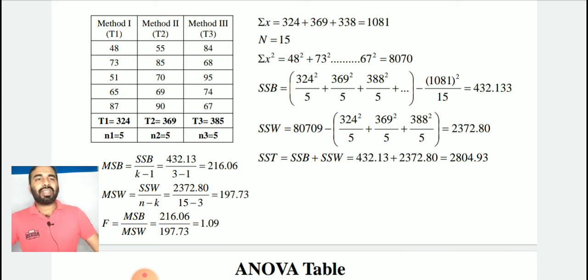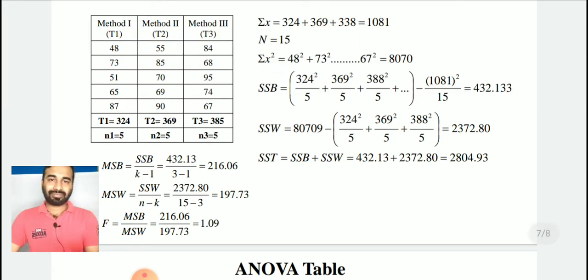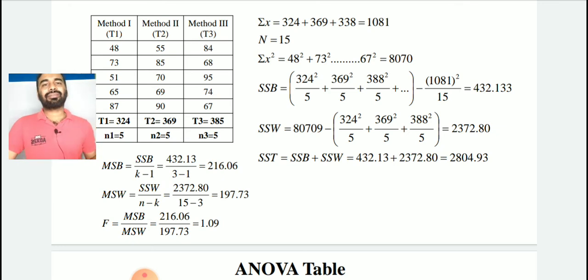So what is SST, the total variance? It would be the between-sample variance plus the within-sample variance. So it will be 432.13 plus 2372.8, total equal to 2804.93.